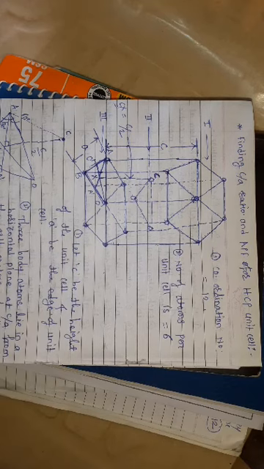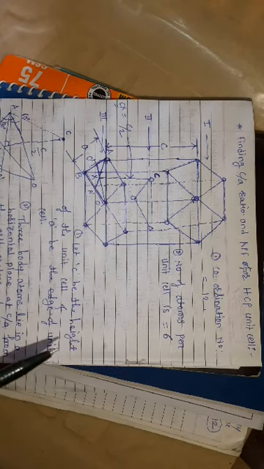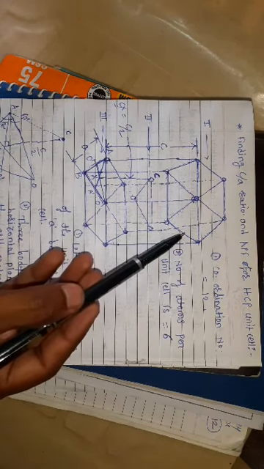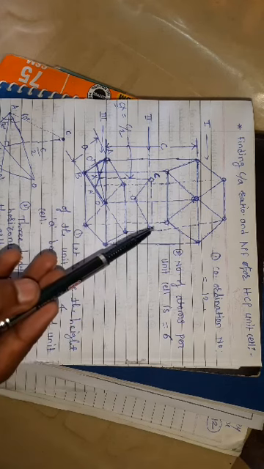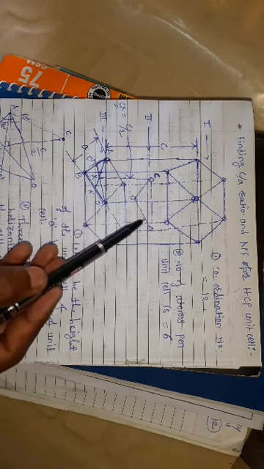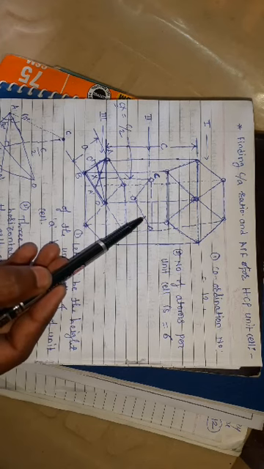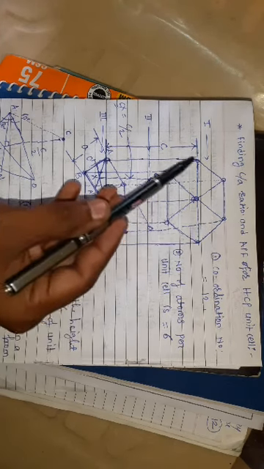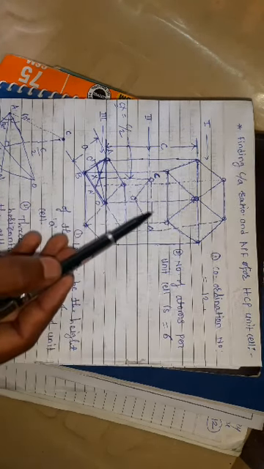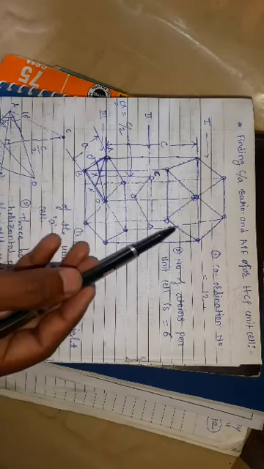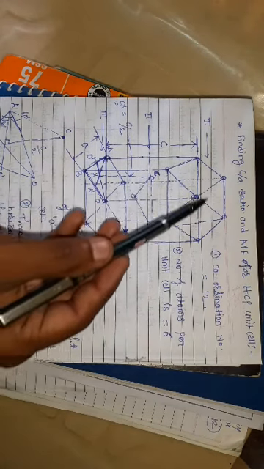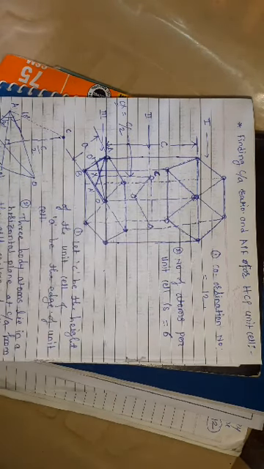And each atom of this plane A touches 3 atoms in the layer below its plane. This is plane A and this is plane B. These 3 atoms touch all these corner and face centered atoms.